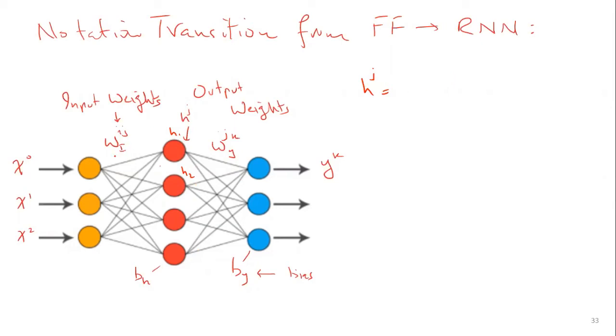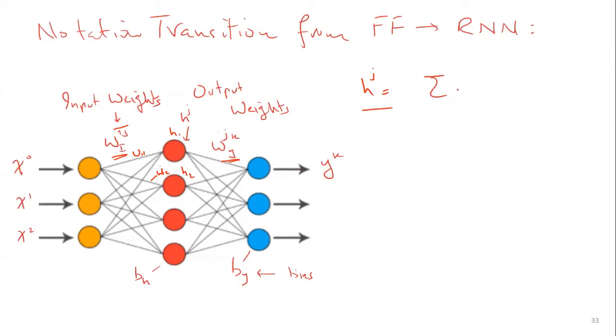Now notice that I've called wi the input weights, wy the output weights, and each one of these has a parameter wij. So in other words, this would be w11, this parameter would be w12, right? So you get the idea. So can somebody tell me what would be the equation for hj?